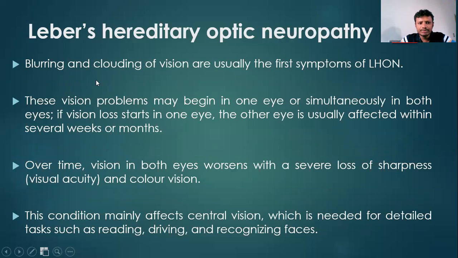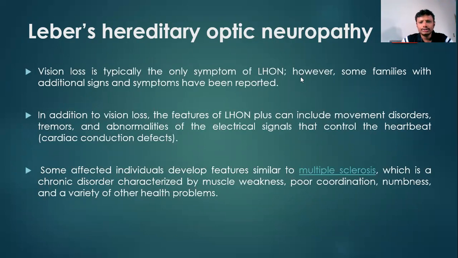These are the symptoms which we observe in Leber's optic neuropathy. First, blurred vision will start, and later on it continues, and at last both eyes will lose their vision.